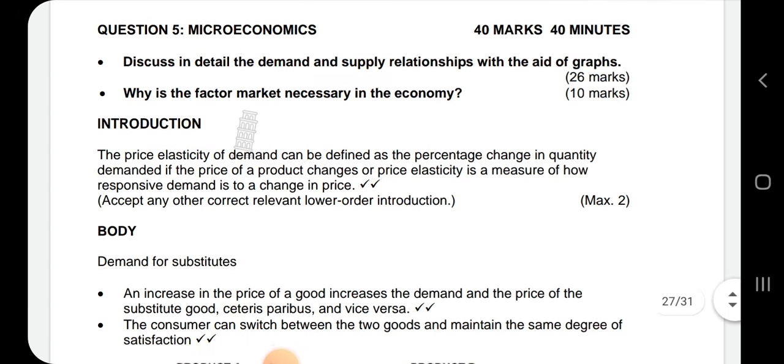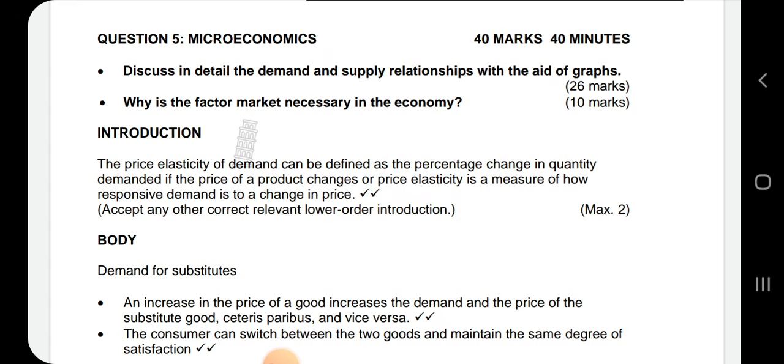So for the introduction, you draw your introduction from the main part, okay? Not the additional part, your 10 marks. You derive your introduction from the main part. When you're talking about demand and supply, that's where you base your introduction.